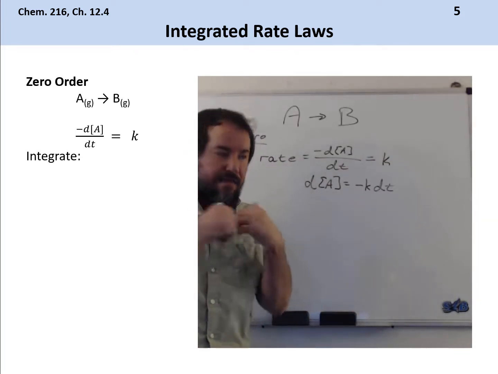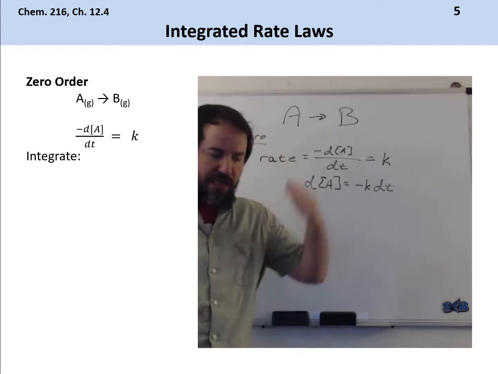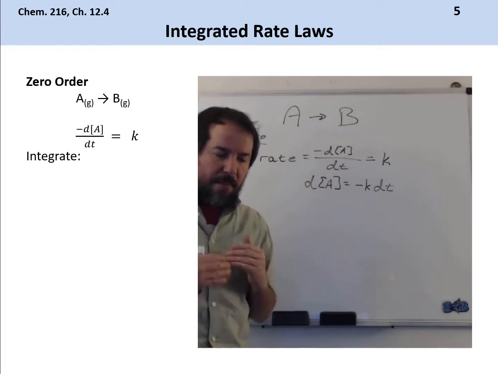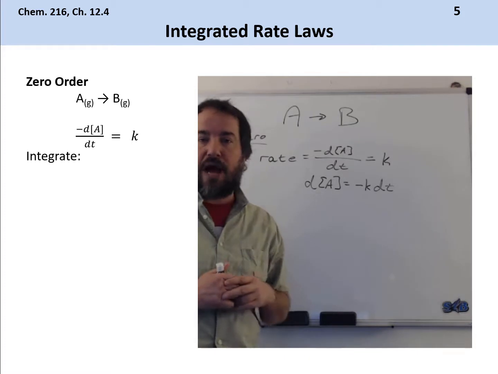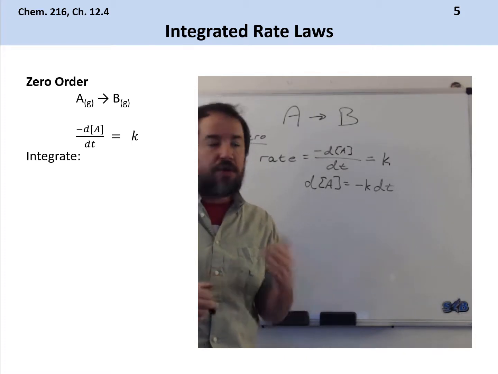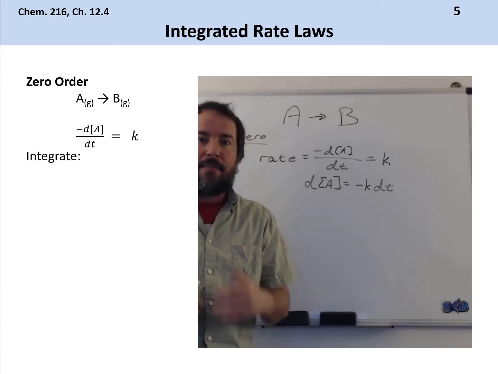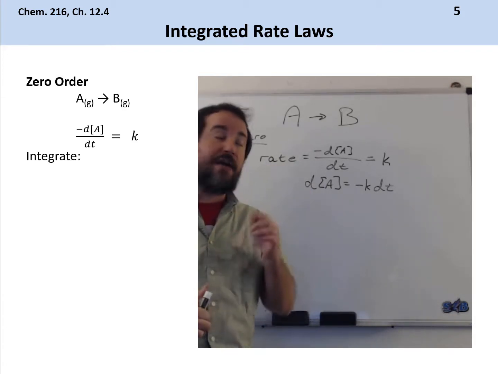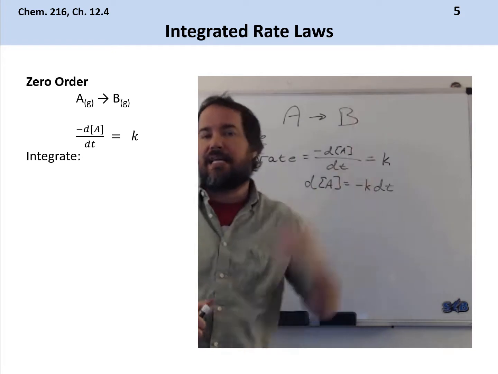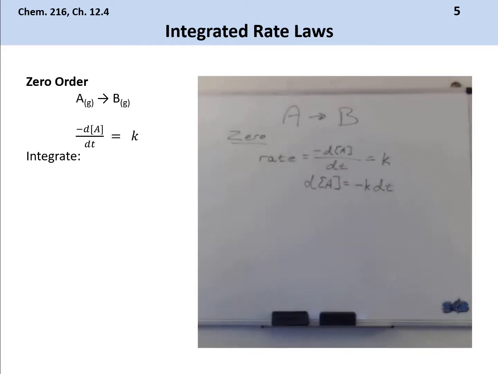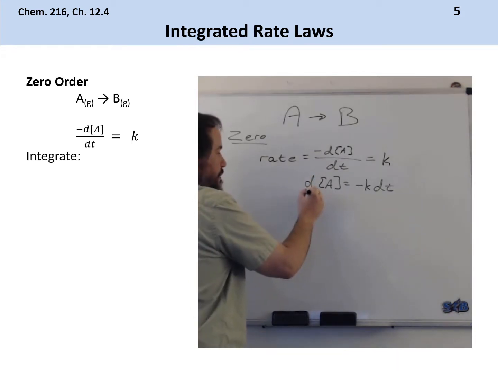Integrating is saying, if I go 60 miles from here to Bakersfield, how much distance have I traveled in that time? So if I go 60 miles per hour for the next 30 minutes, my distance is going to be different than if I go 60 miles per hour for the next 90 minutes. Okay, so dA equals negative k dt, and I'm going to integrate both.